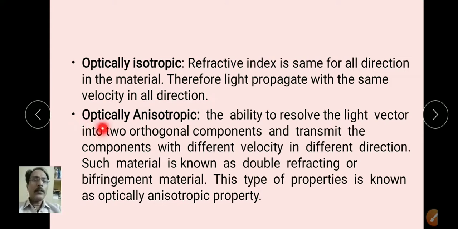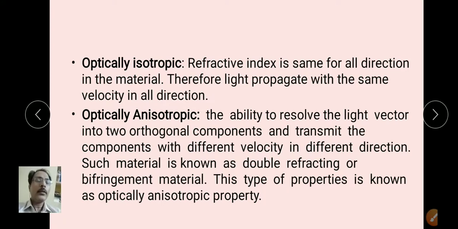Okay, so next is optically anisotropic materials. This is very important for this polarization topic. The ability to resolve the light vector into two orthogonal components and transmit the components with different velocities in different directions: such materials are known as double refracting or birefringent materials. This type of property is known as the optically anisotropic property. So what happens?